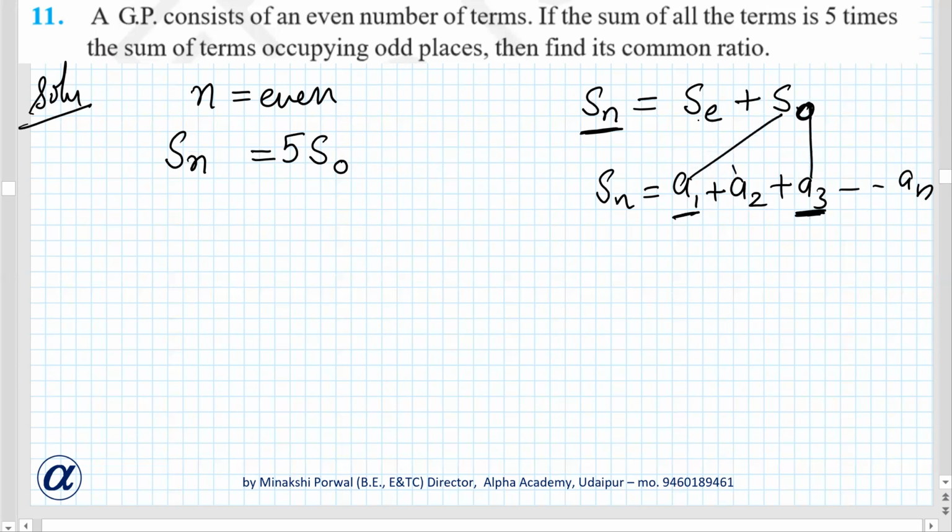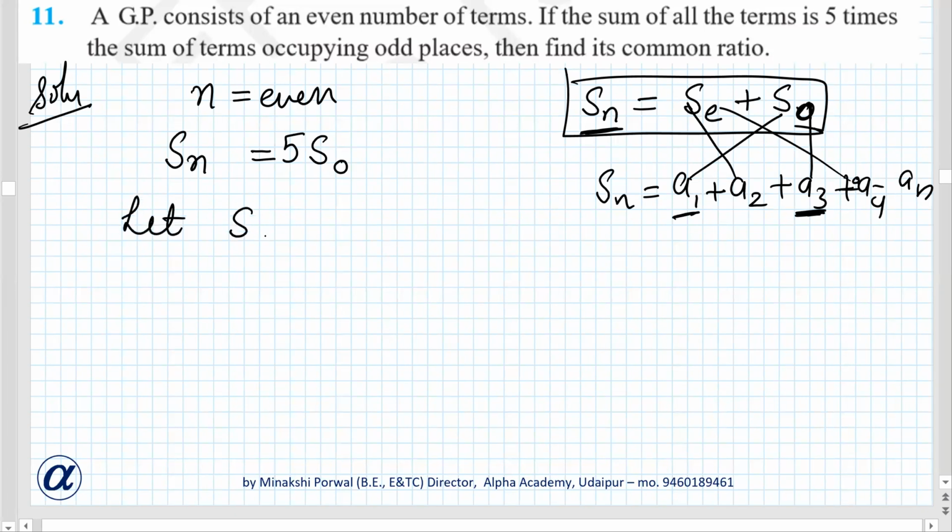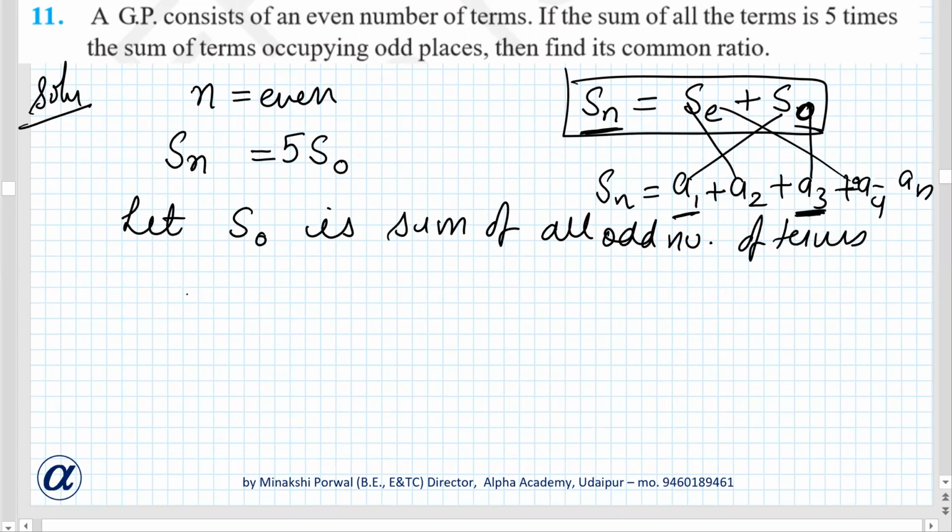A1, A3 and A2, A4 will come in even number of terms. तो हम इसको Sn को लिख देते हैं sum of all odd number of terms plus even number of terms. And we can write let SO is sum of all odd number of terms, and SE is sum of all even number of terms.